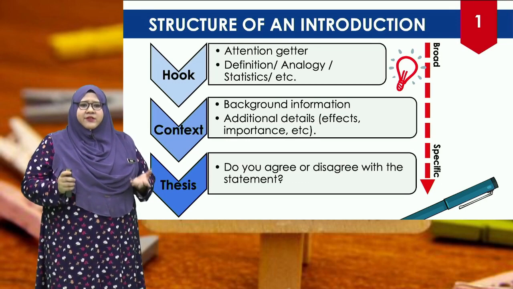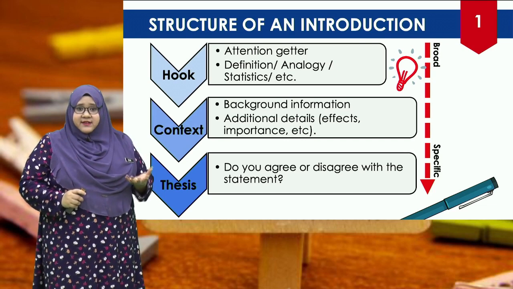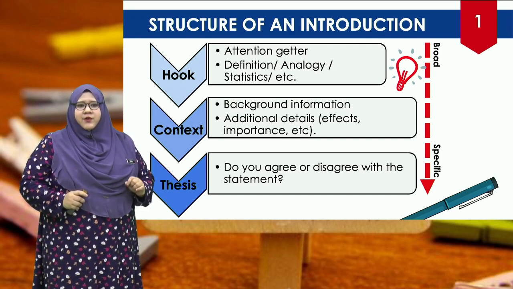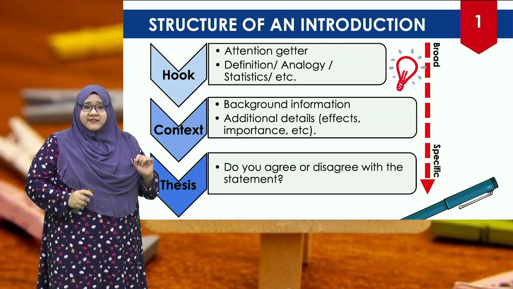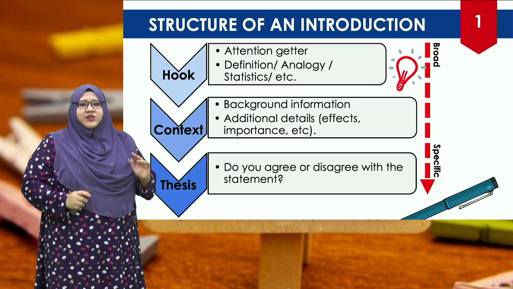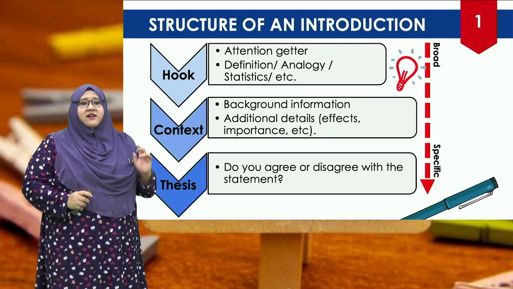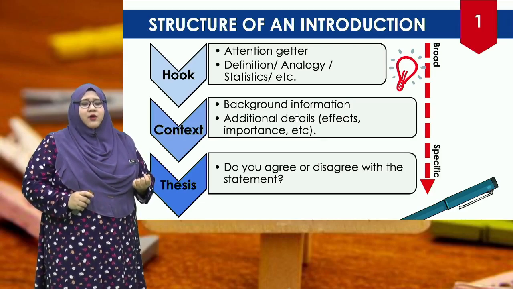You add some background information like the effects, the importance of addressing this issue, and that's for your context. And last one for your introduction is the thesis statement. This is where you state whether you agree or disagree with the argument. Okay, so how does it look like on paper?